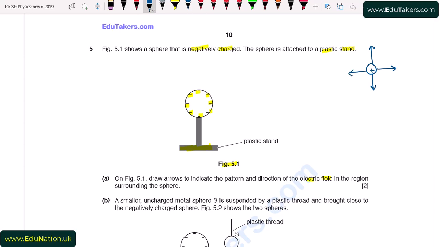But in our case the sphere is negatively charged, so the electric field will point in this direction, towards the negative charge. So in figure 5.1 we can see that there is a negative charge and we have to draw the electric field in this region. By using the ruler I draw the lines that point towards the negative charge.